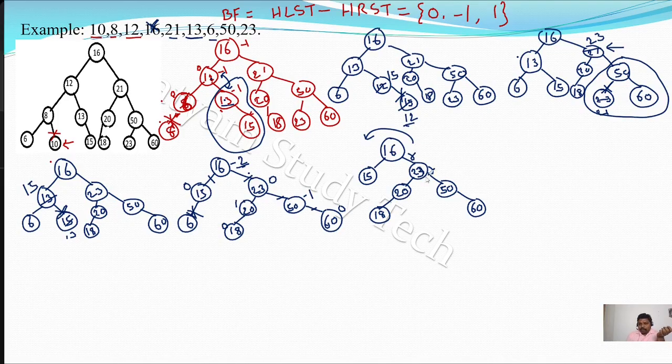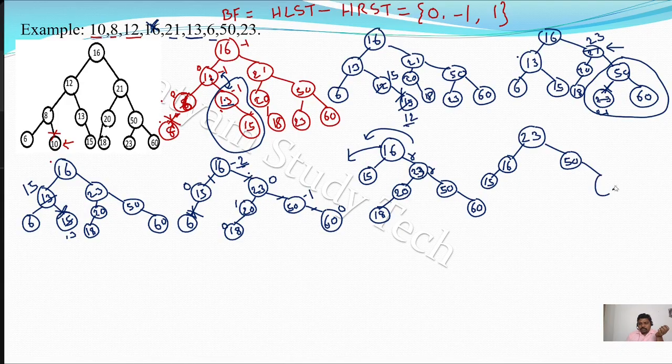Now you can see after performing left rotation, that means just take the thread here, pull down in the left direction. 23 becomes the root now. 23 becomes the root, and here 16 is left of 23. 16 left is 15, right? Here 23 right is 50.